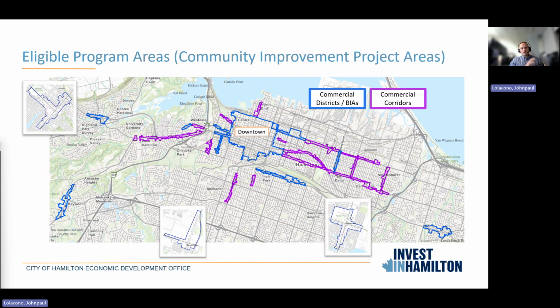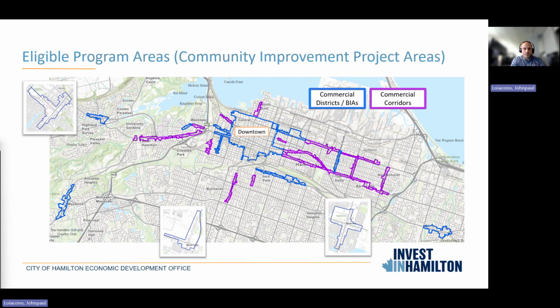So before getting into each of the programs, this was the community improvement project area, or areas of the city, that I was mentioning. You can't see the very fine detail on the exact boundaries. I can provide those. We do have other mapping for that, but to fit it into one map, here it is. And what this shows on a high level are just the areas where our programs are available.